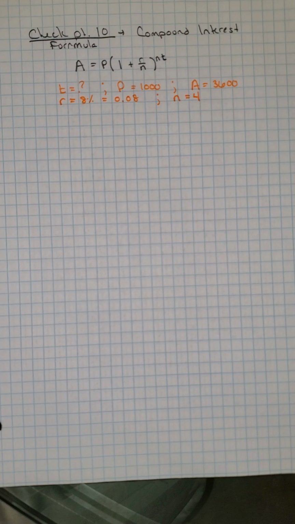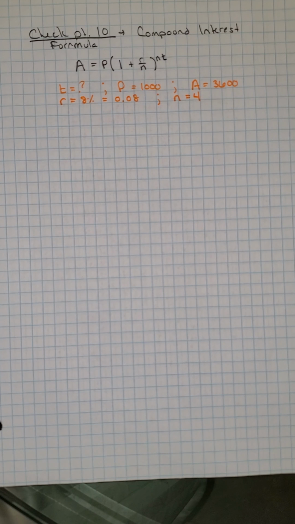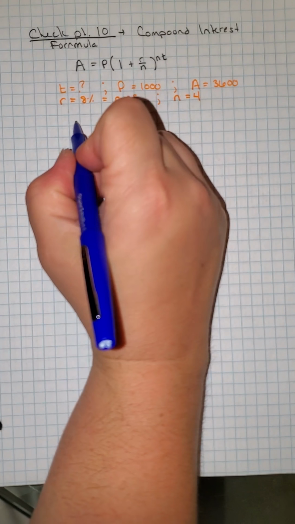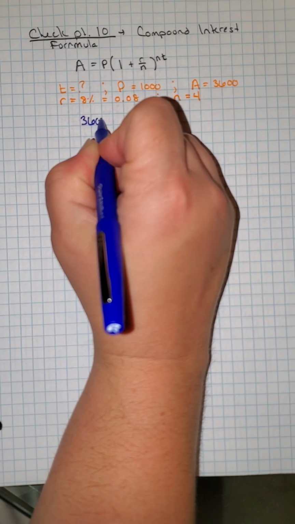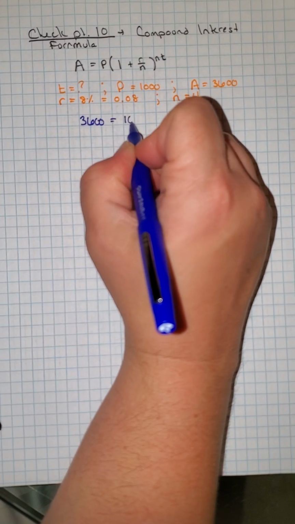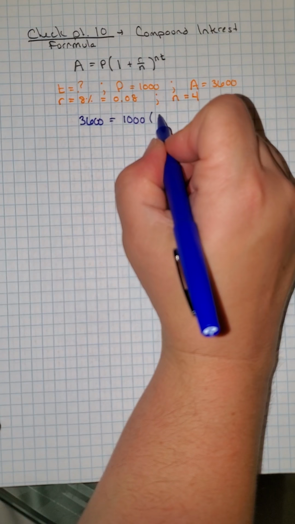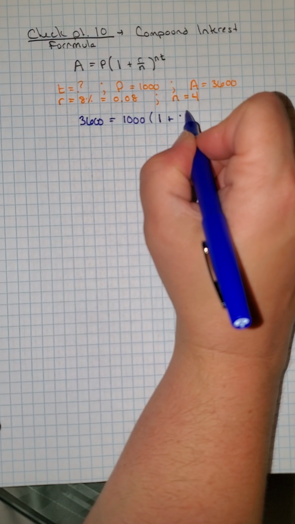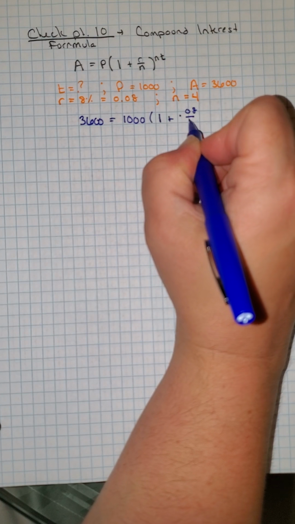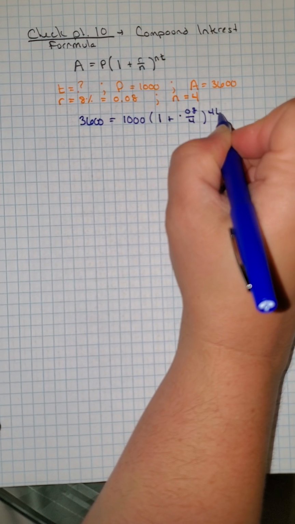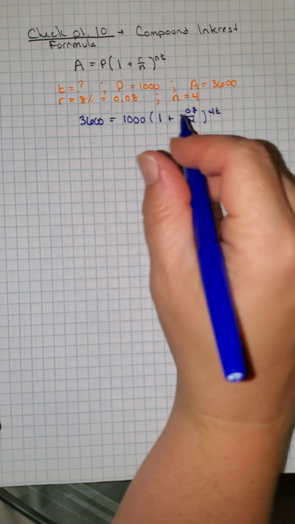Alright, so let's plug into our formula. We have 3,600 equals 1,000 times 1 plus 0.08 over 4 to the 4t. Alright, so we got to undo all this.